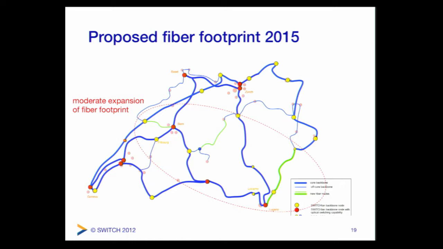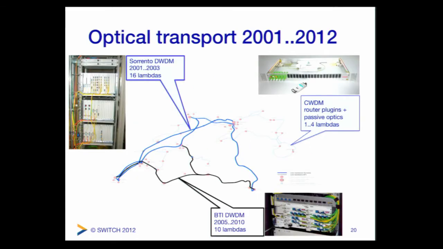If you go back to the hardware, the lines shown are the core backbone as it is today. And you see we have 2 different types of equipment. We selected Sorrento Networks 10 years ago and built these 2 lines. Then a couple of years later we needed redundant paths to the south, and we didn't want to install this huge equipment.